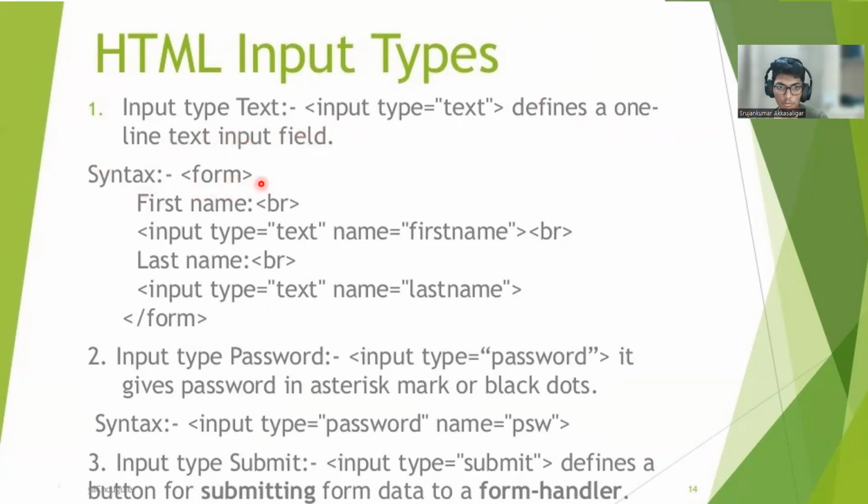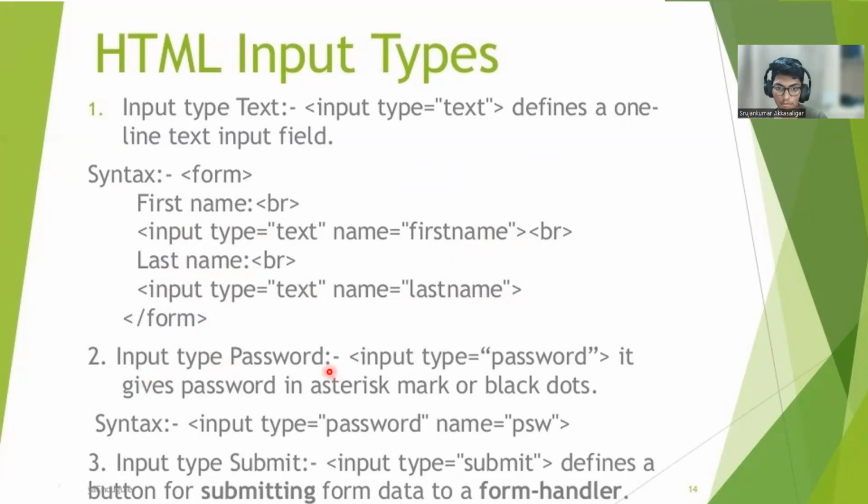Open the form and then give an example. If you want to take the name of the user as input, give it as first name, then a line break, and then give the input type text and name it first name, and then last name, taking the input as text again and naming it last name, and then close the form.